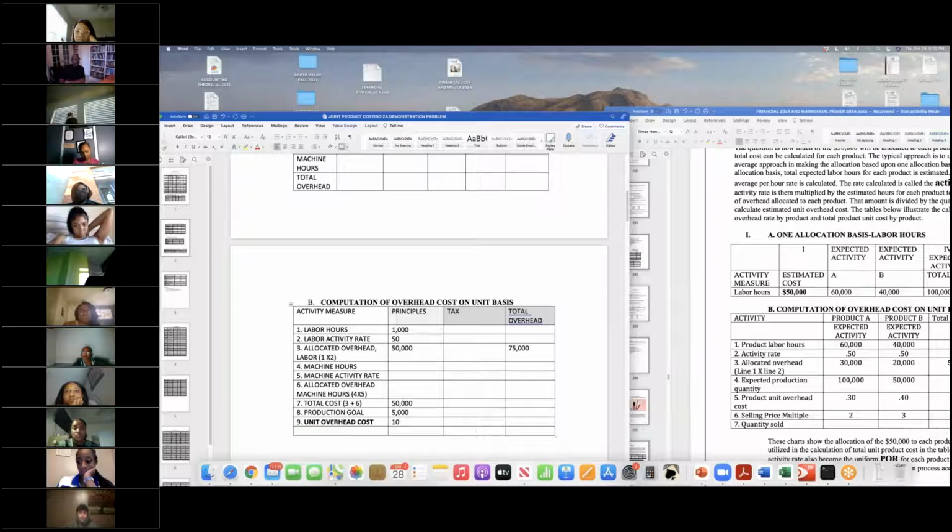So our total cost is 50. Then we go back up there to our production goal. Remember, we were making 5,000. We divide 50 by 5 and we get 10 for the unit overhead rate. Any questions on any of this? All right, see if y'all can handle the tax book now.